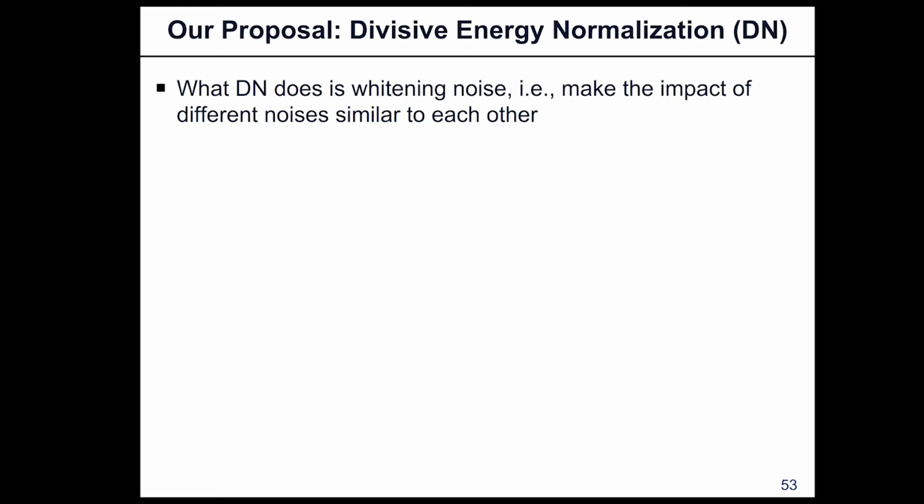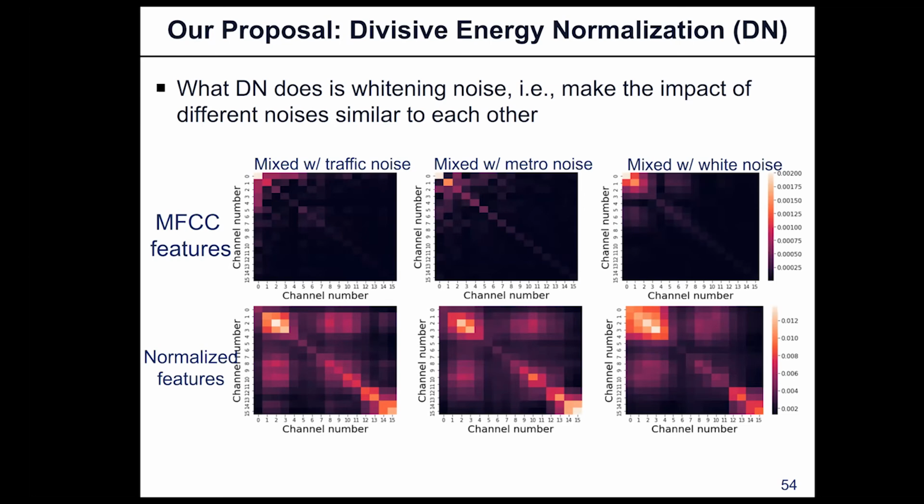This process actually performs noise whitening. What that means is making the impact of the different noises on the feature similar to each other. So I'll tell you what that means. This picture shows our experiment.